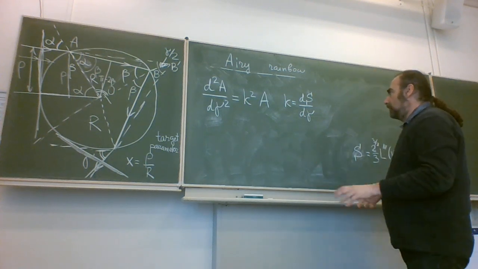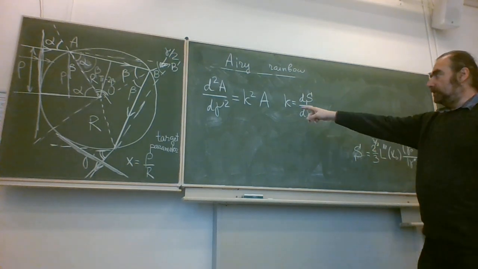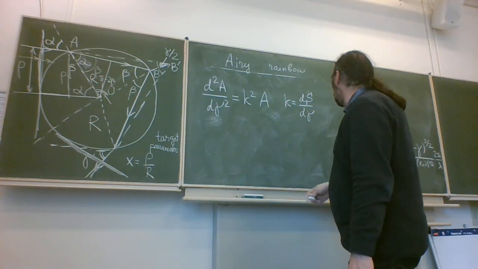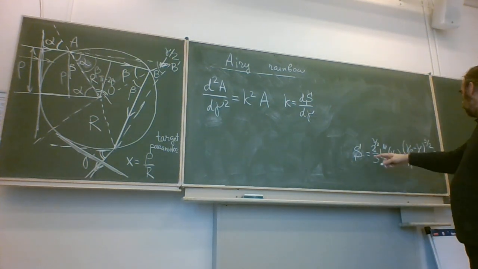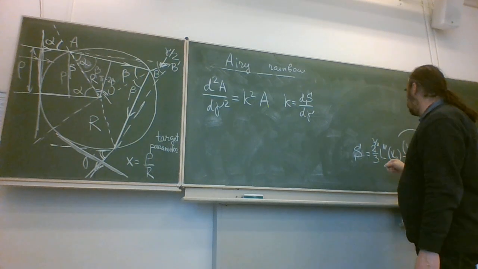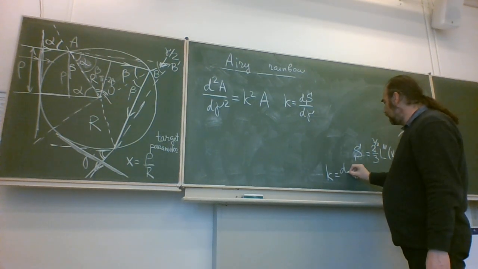Okay, so that's the last part of our story. Let's now take this action and see what equation it gives. I'm not going to take into account all those terms because what is important for me now is this gamma naught minus gamma to the power 3/2. So k is dS over d gamma.